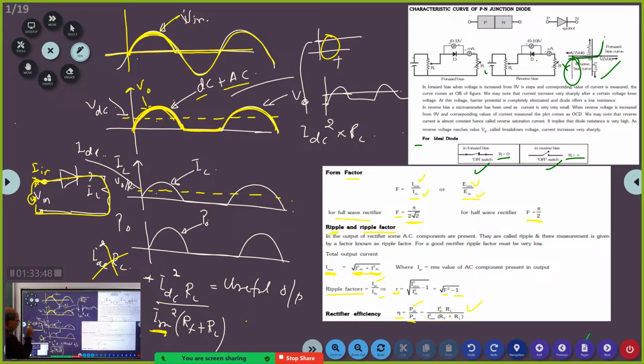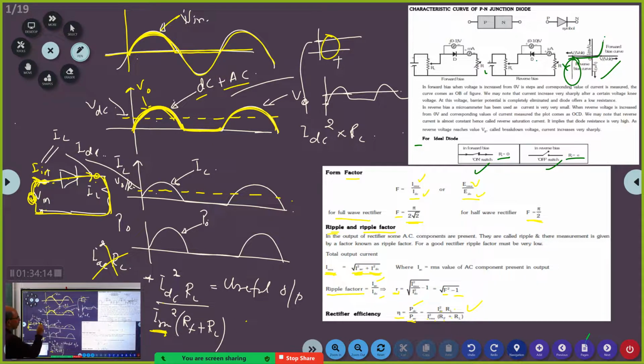The voltage that is here is the same voltage here, agreed? Yes, sir. And whatever current is flowing through the source, the same current is flowing through the load, agreed? Yes, sir. So if you say this current is IN, and if you say this current is IL, is IN not equal to IL?